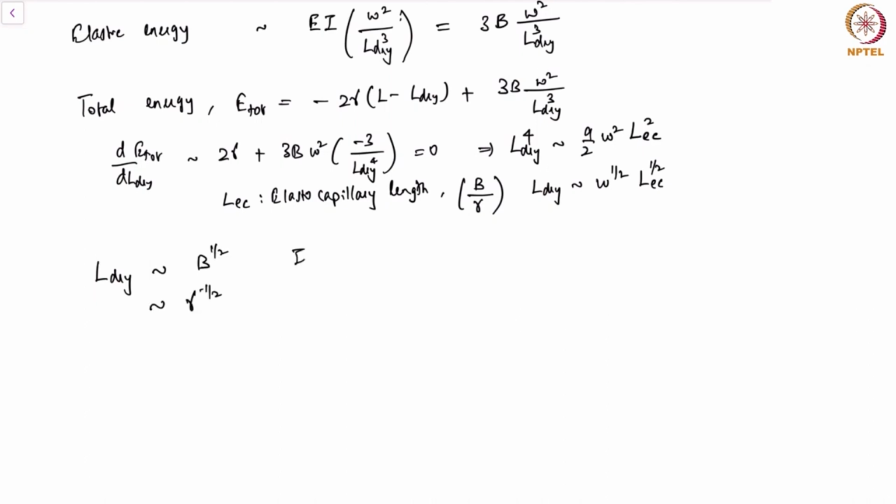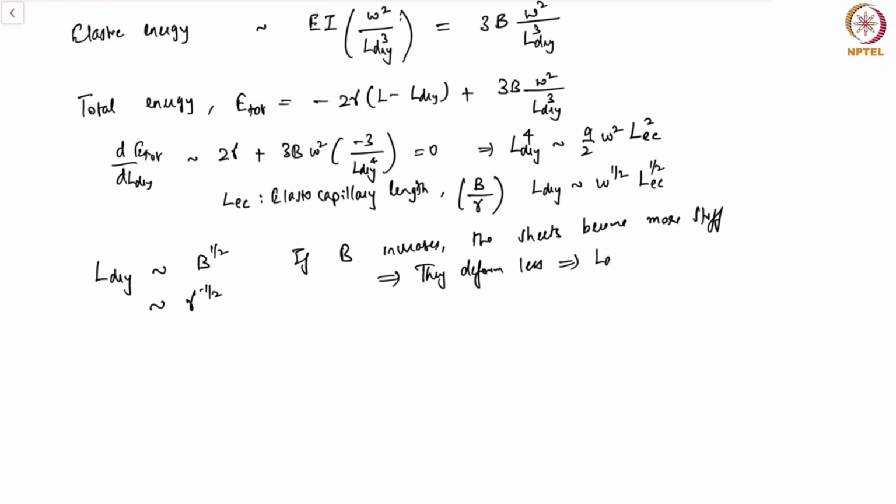So if B increases, the sheets become more stiff and therefore they deform less, right? And L dry increases.